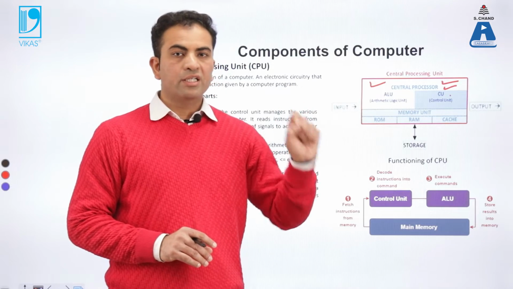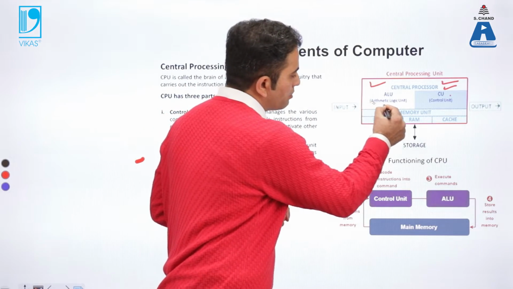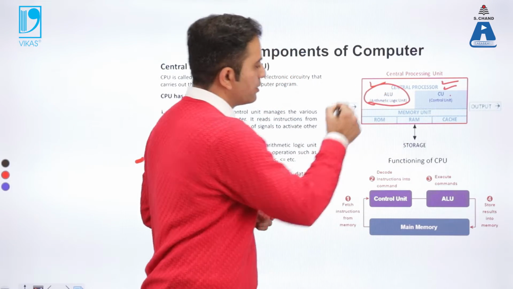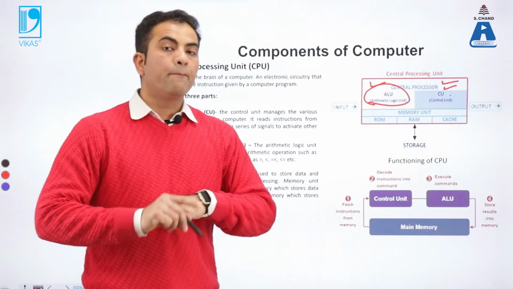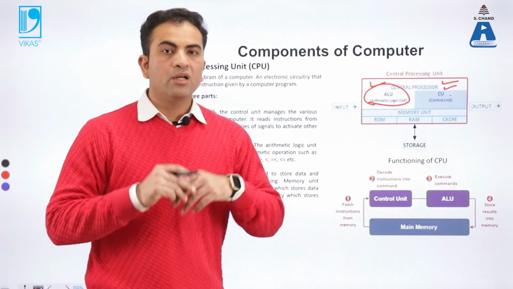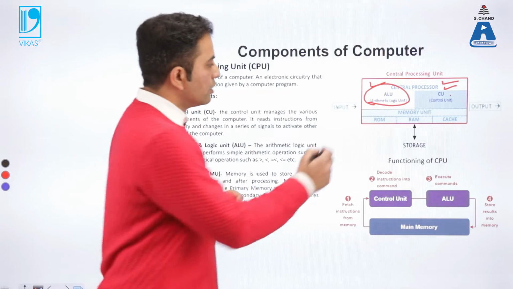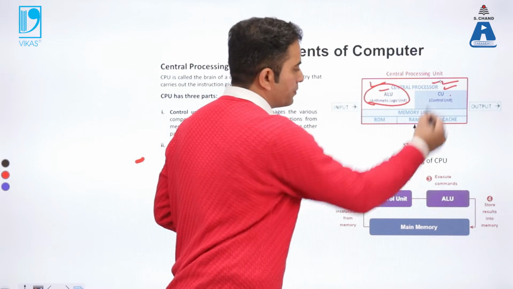So every instruction which is written is handled by the arithmetic logic unit. That's why it is called the brain of the computer system, or of any electronic, especially digital, device which has a microprocessor.